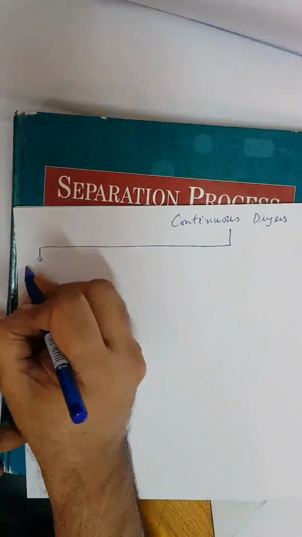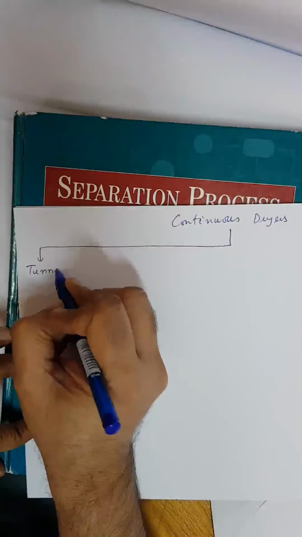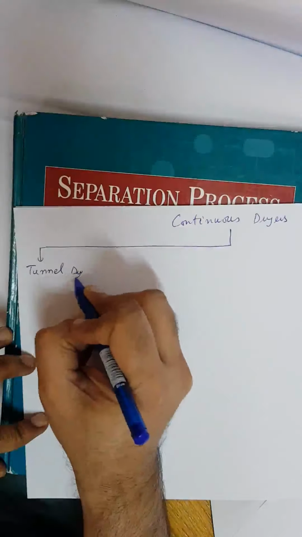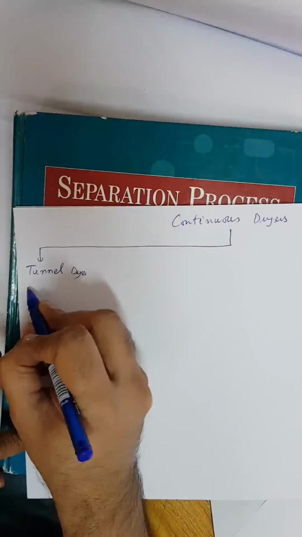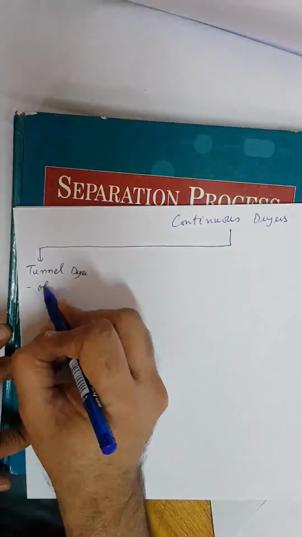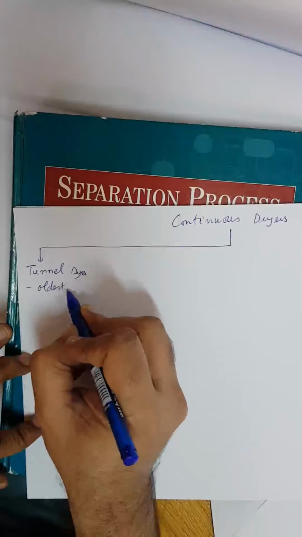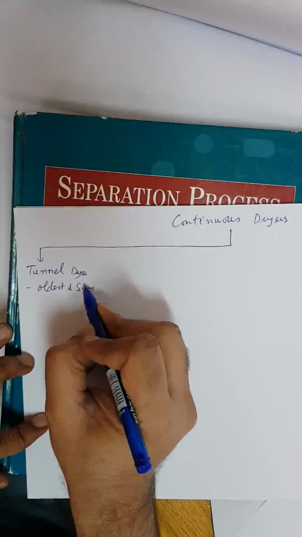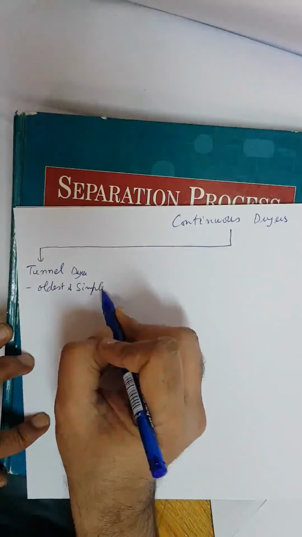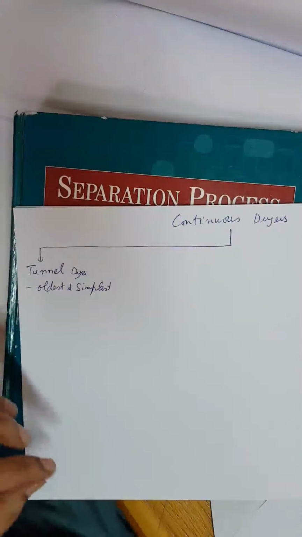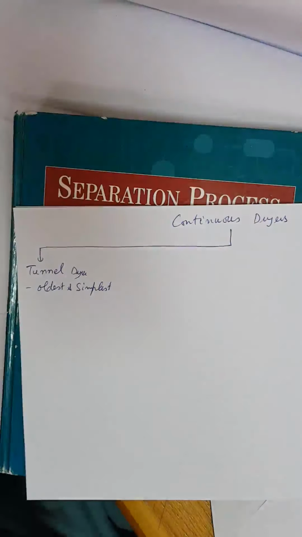The first one is called tunnel dryer. This is the oldest and simplest, like the tray dryer in batch system. Okay.